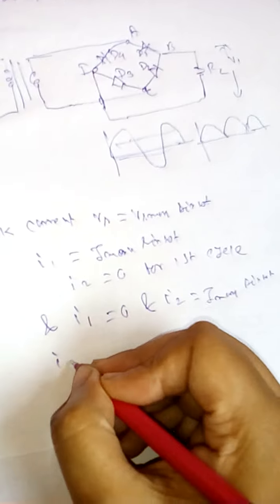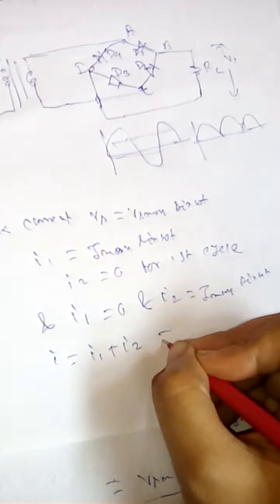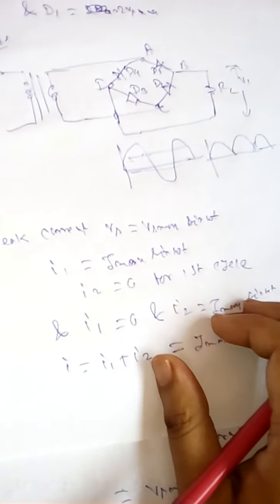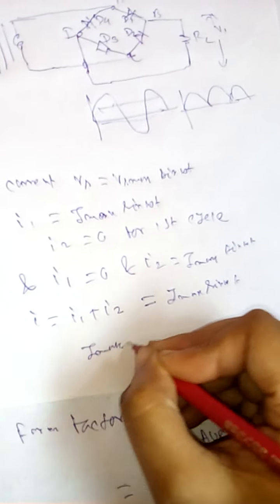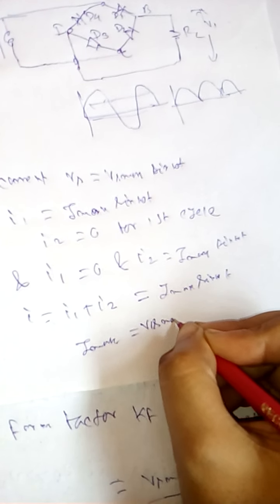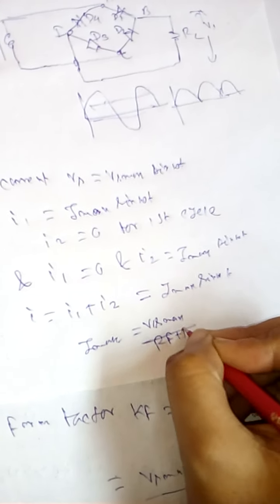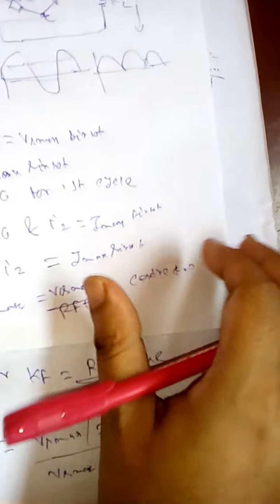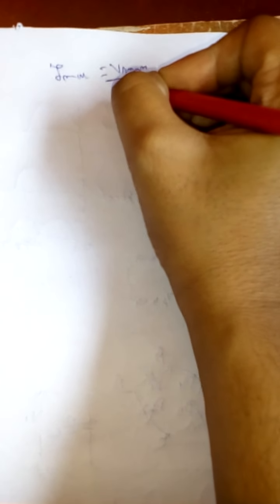So the total I equal to I1 plus I2 equal to I max sine omega t for the whole cycle, and the I max we get Vs max by RF plus RL for center tap, and I max equal to Vs max by 2RF plus RL for bridge.